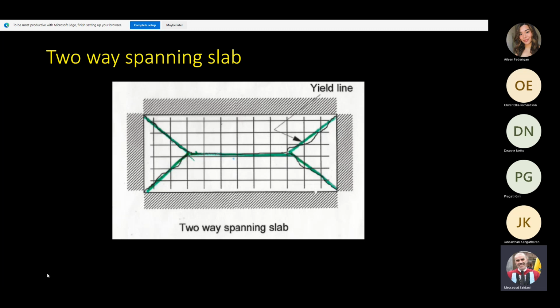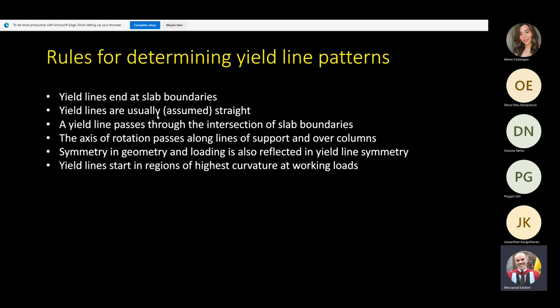That's number one. Number two, yield lines are usually assumed straight. In reality, we know in practice that the yield lines, the cracks, are not straight lines. Do you agree? They're a little bit like a zigzag. Yeah. But for simplicity in the theory, we assume that they are straight lines. Okay. So that's number two.